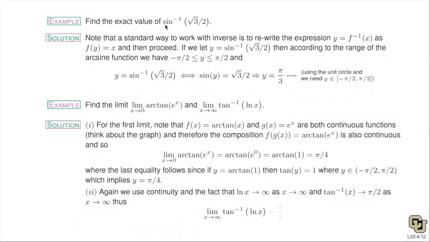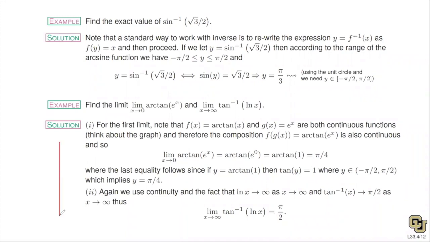So here I take the limit of arctan of ln of x. As x goes to infinity, the ln of x part blows up. And when the argument of arctan blows up, this whole thing goes to pi over 2. So just by analyzing the behavior and looking at the graphs, I conclude the limit of arctan of ln of x as x goes to infinity equals pi over 2.